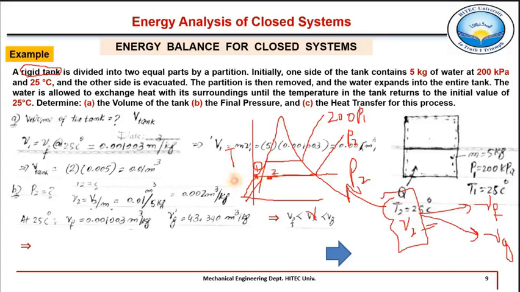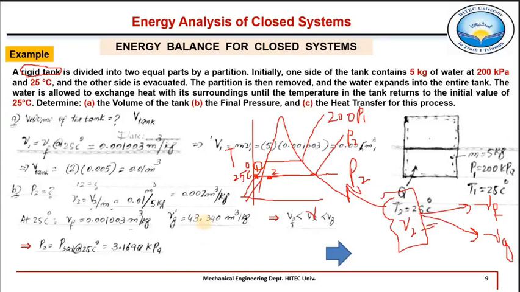T1 is equal to T2 is equal to 25 degrees Celsius. So we have seen it from the table. We can see this pressure again from the table, and that is P2, which is equal to P sat at 25 degrees Celsius, and that is 3.1690 kilopascal. So from 1 to 2 on the TV diagram, the pressure is reduced.